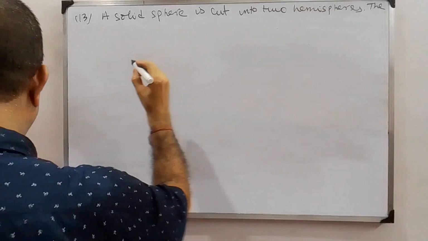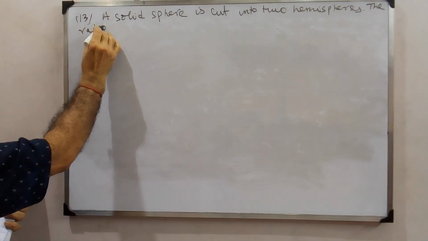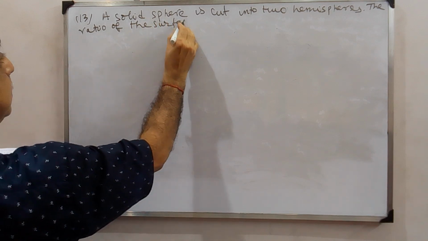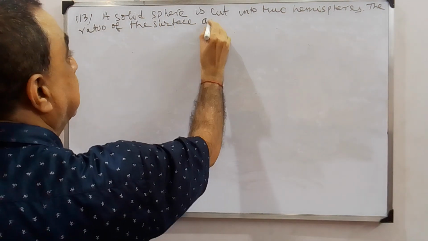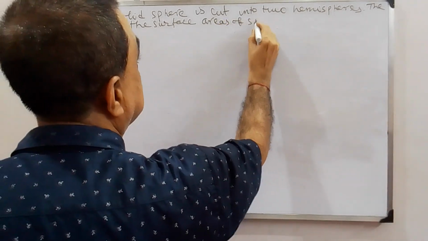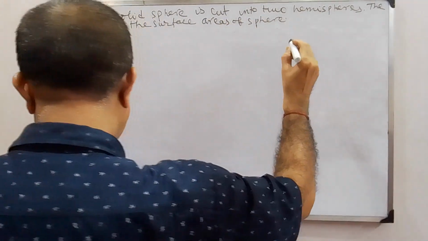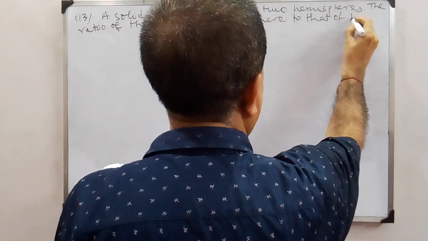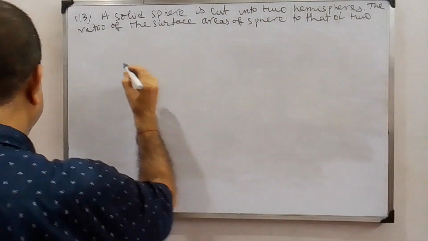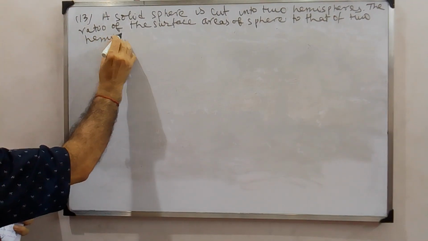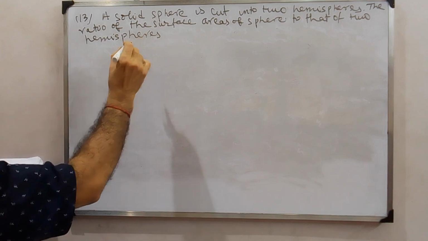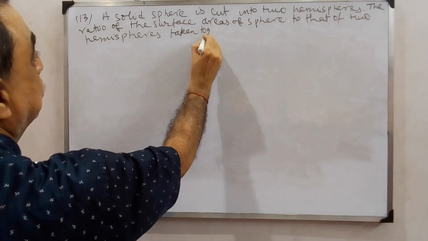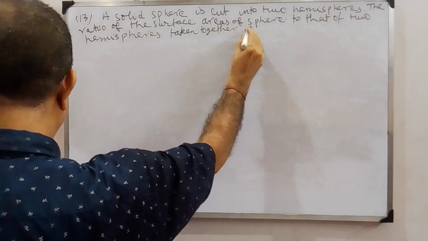The ratio of the surface areas of the sphere to that of the two hemispheres taken together is?